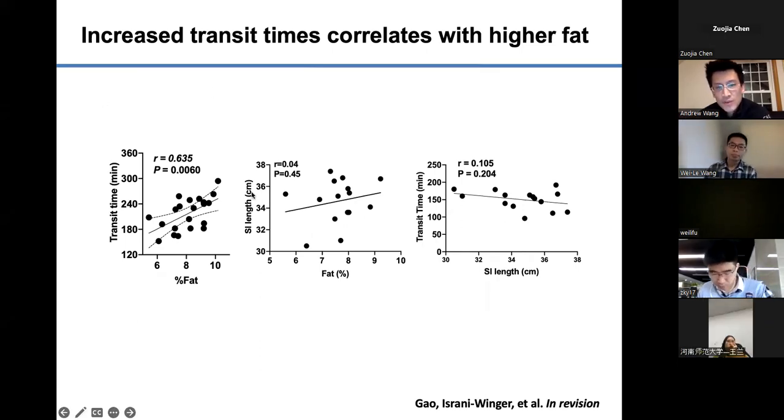This bore out also. Interestingly, the length of the small intestine, where a lot of nutrient absorption occurs, you can see it's quite variable, did not correlate well with how fat a mouse was.